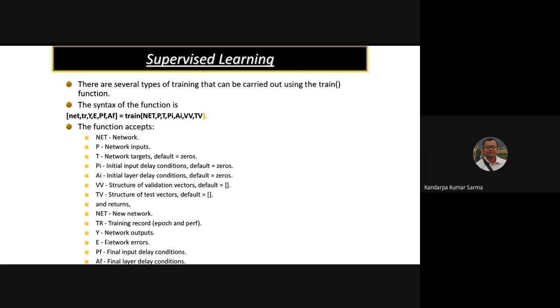Then you have mostly two variables as the returns. One is the trained network structure, and then the TR, that is the training record: number of epochs completed, the performance generated, or the gradient descent performance. The rest are there if we need them at some point of time.